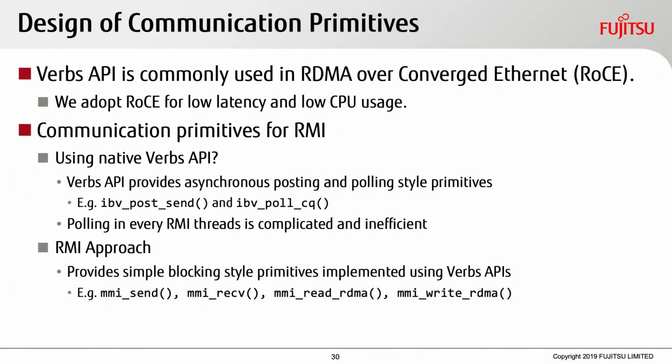This slide describes how we implement the blocking communication operations for send, receive messages, and RDMA read and write operations. The figure shows what will happen when an RMI thread tries to issue a communication operation and waits for completion. First, an RMI thread posts an operation with post-send function of Verbs APIs. Immediately after that, the RMI thread tries to read an entry from iStructure. iStructure is a synchronizing primitive, similar to Java's feature as explained in the previous slide.